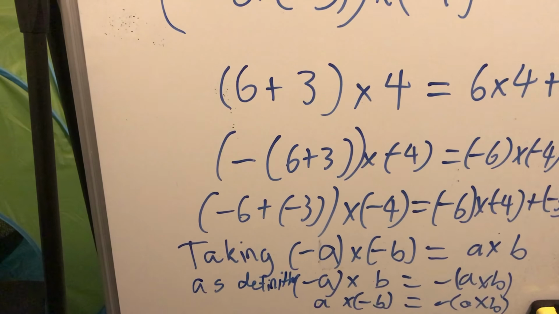So we're taking this as a definition, and we're doing so with the need to maintain the fundamental rules of addition and multiplication. So there's the distributive law and the commutative law, the swapping of things when you multiply.